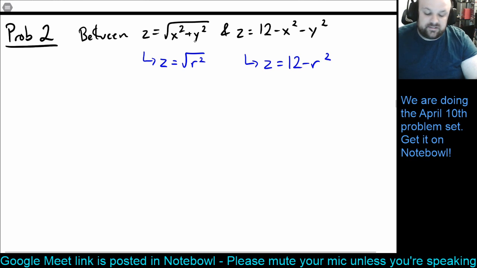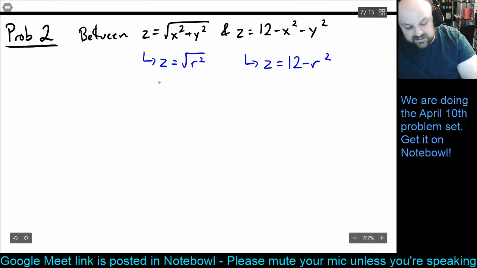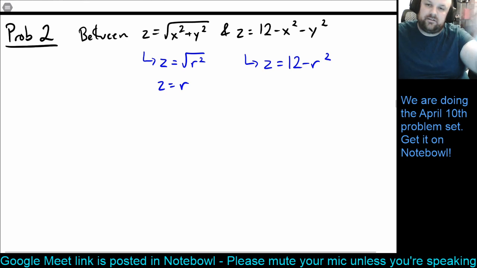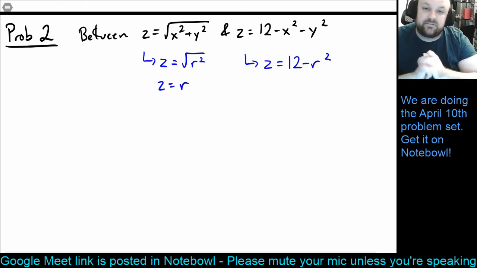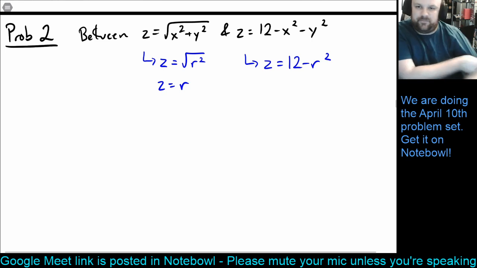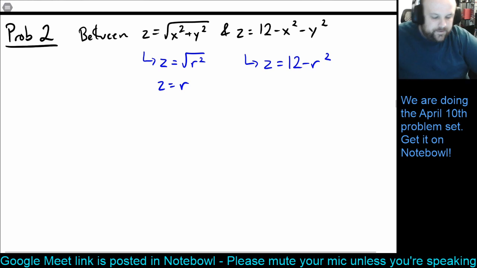Now, since we're looking at the positive square root here, we're just going to say that this is z equals r. Z equals r gives us the top half of the cone. If we did use z equals negative r, that would be the cone that goes downward.